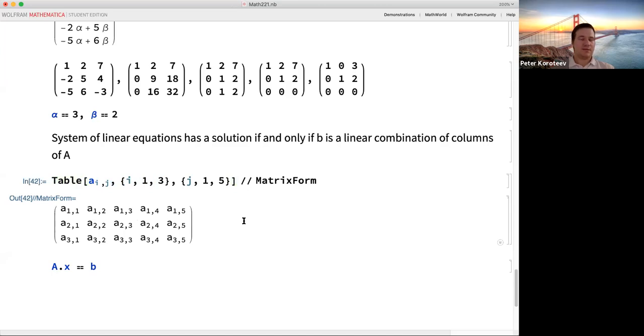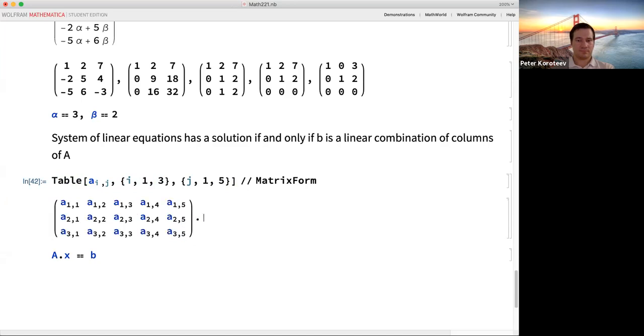And say X is the vector of unknowns, X1, X2, X3.